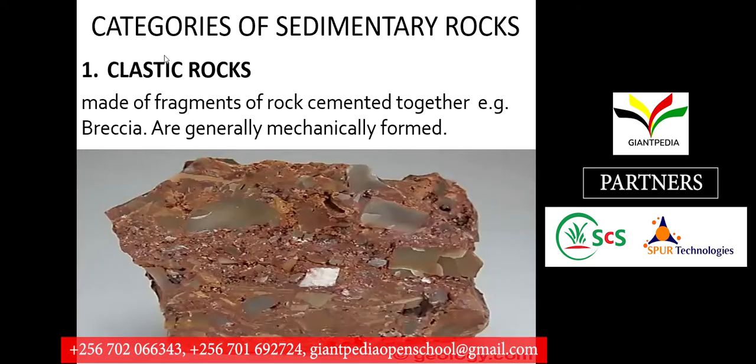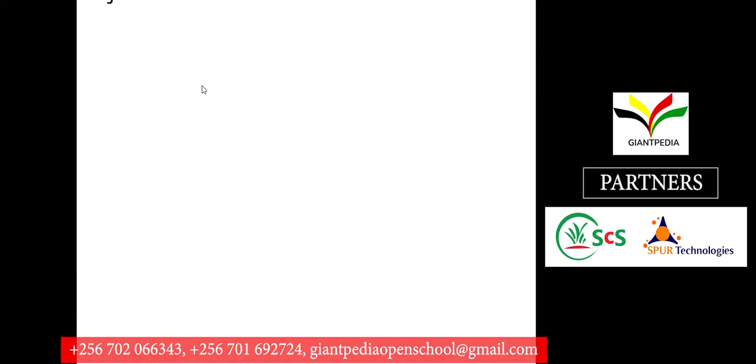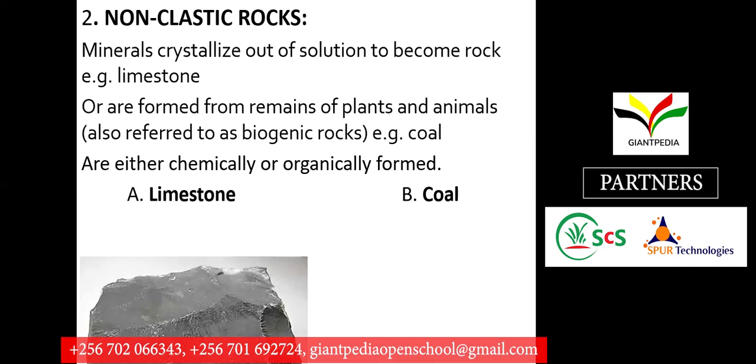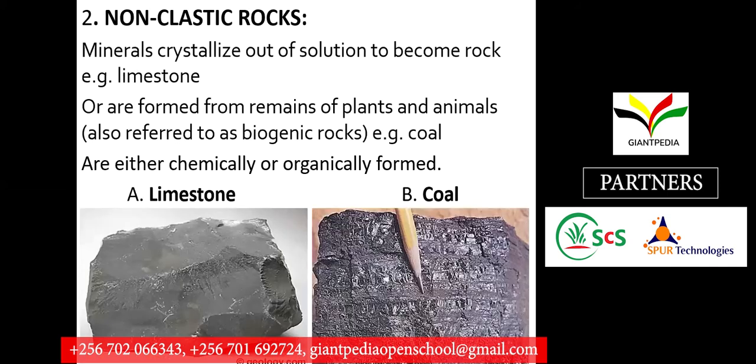Otherwise, we have said the categories are the clastic and the non-clastic rocks. Because at times the question may ask you to distinguish between clastic and non-clastic sedimentary rocks. Part A, then part B, discuss the importance of sedimentary rocks to man in East Africa.